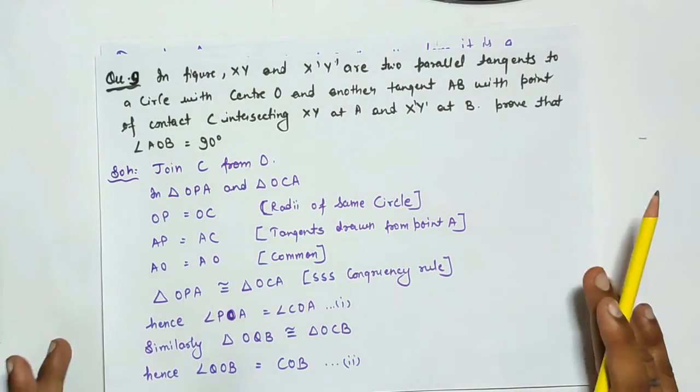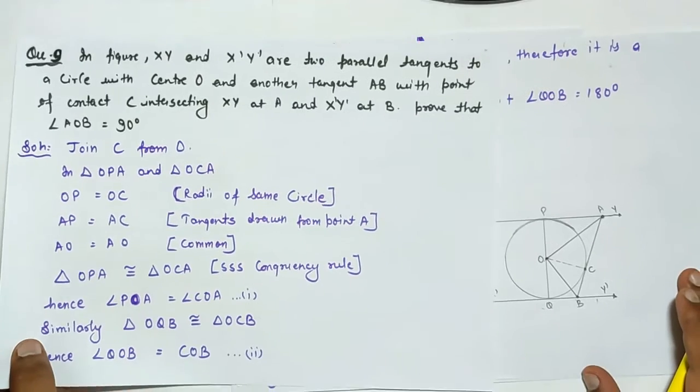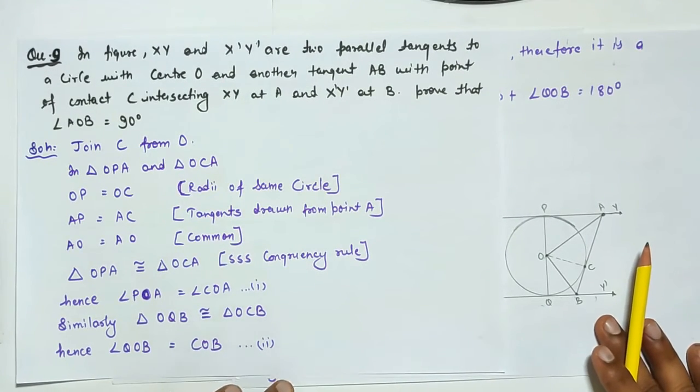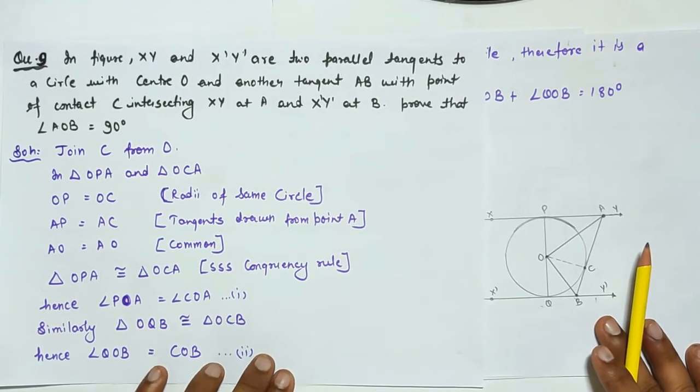So this is the question and this is the figure. We have to prove that angle AOB is equal to 90 degrees.